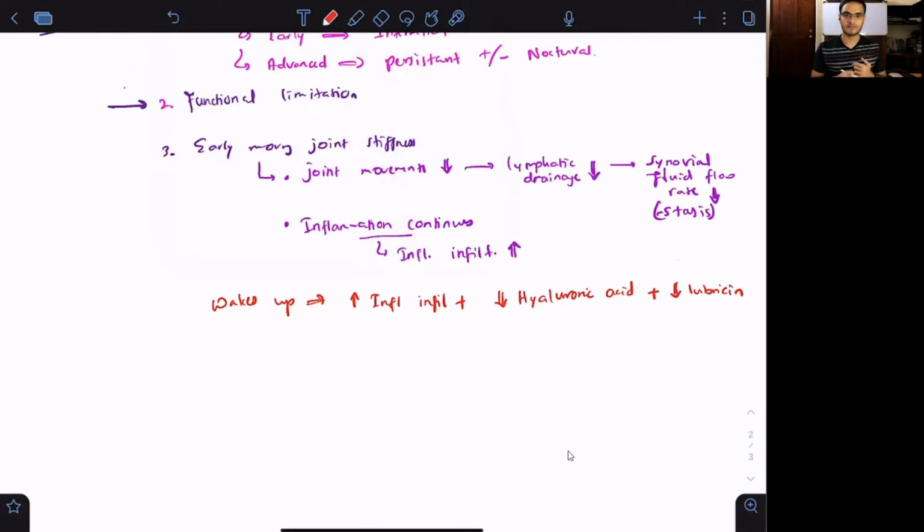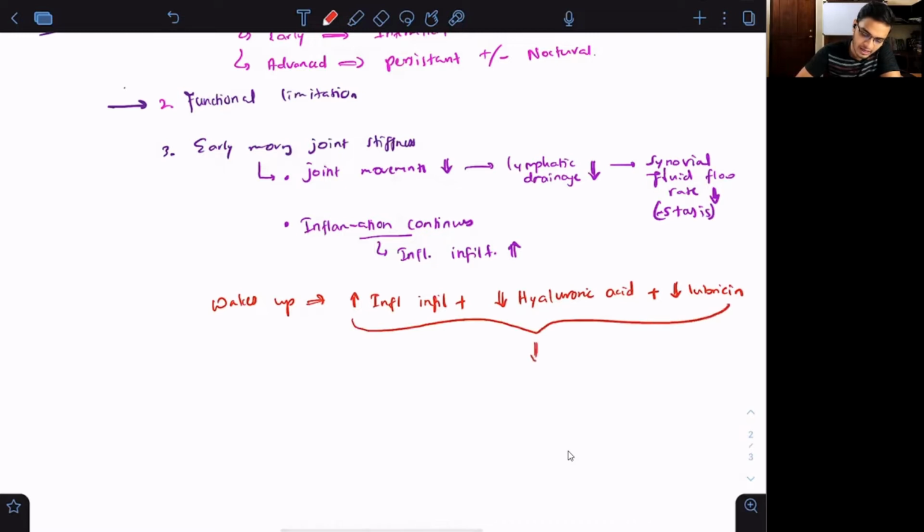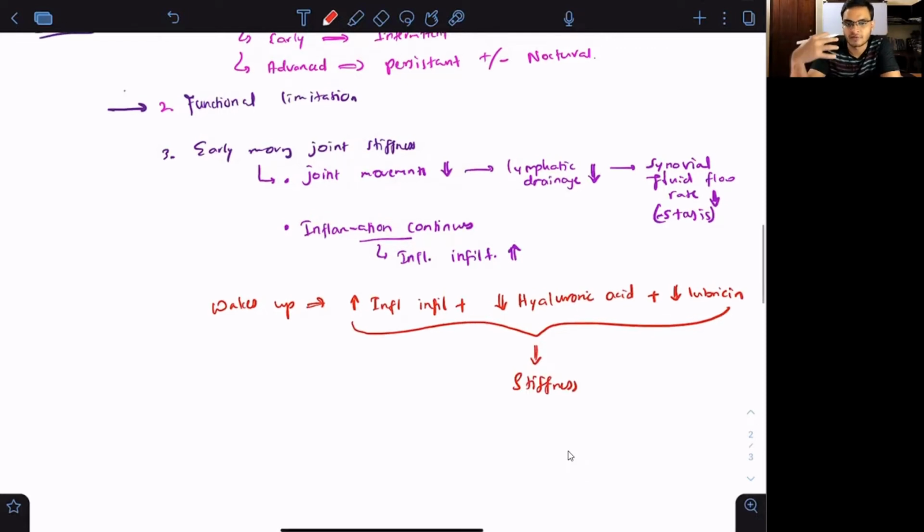Now, you all know whenever there is inflammatory infiltrate coming in, the viscosity of that fluid can increase a little. So all of these together, guys, can cause stiffness, right? Why? Because of the increased viscosity.